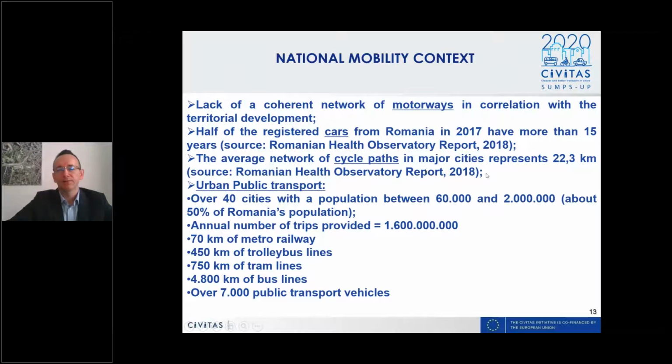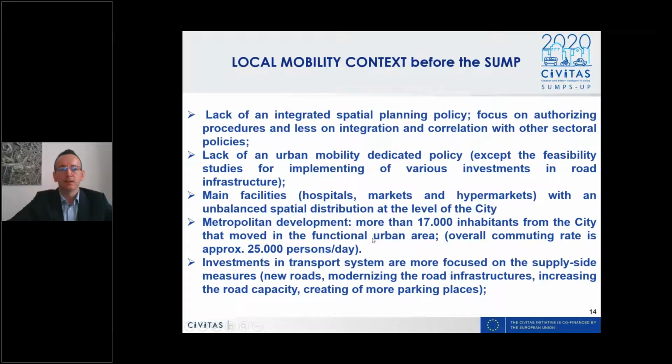The average network of cycle paths in major cities represents approximately 22 kilometers. And regarding urban public transport, over 40 cities with a population between 60,000 and 2 million inhabitants have organized urban public transport services. You also have some details; I won't read them because you can see them easily.